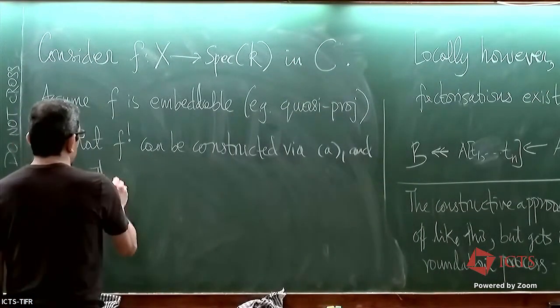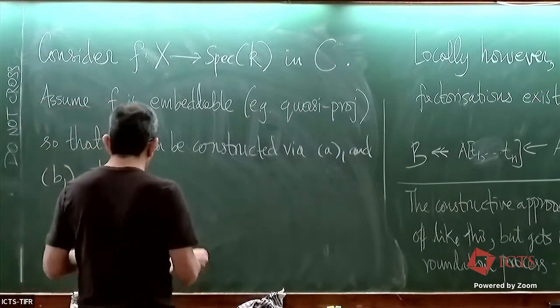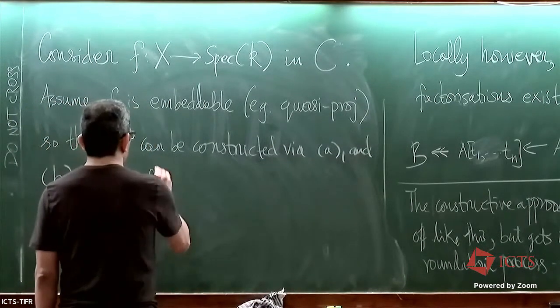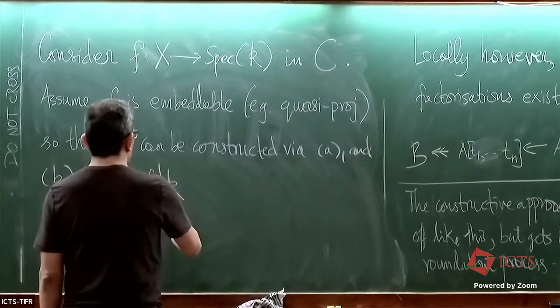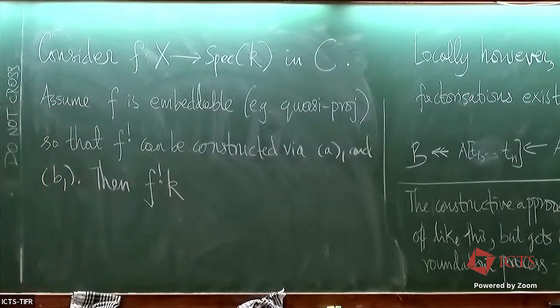Then, and this was a key observation by Grothendieck. This was one of the interesting observations by Grothendieck. He mentions it in his ICM article where he announced a solution to the duality problem, generalizing the duality theorem to arbitrary maps.